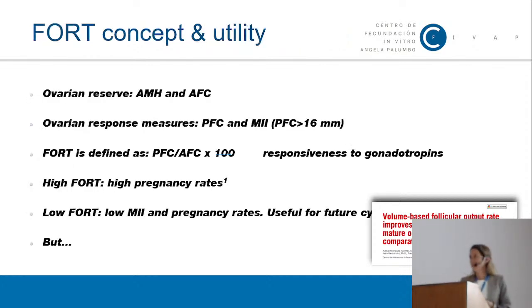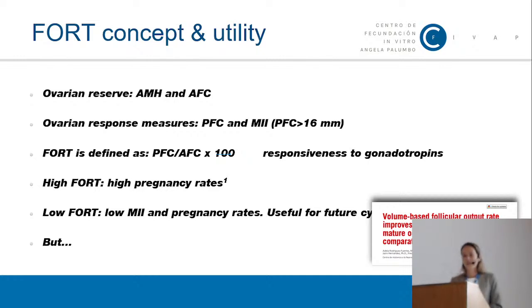As Dr. Jean-Paul said, the most important parameters to estimate the ovarian reserve are the anti-Mullerian hormone levels and the antral follicle count, while the ovarian response to treatment is measured by the number of mature oocytes that we obtain at the pickup, and also we can measure with the number of preovulatory follicles, that are those follicles that are over 16 millimeters on the day of treatment.